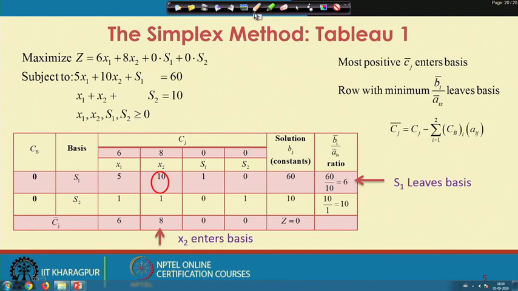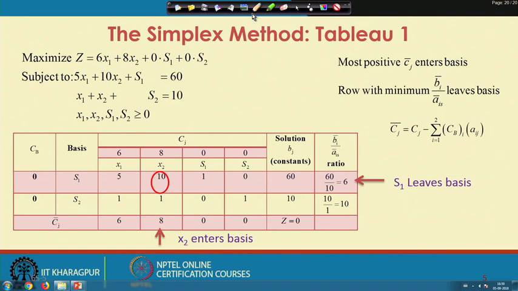Now, to solve the linear programming problem using simplex method, we compute the steps in a tabular form, and this is the initial table known as W1.